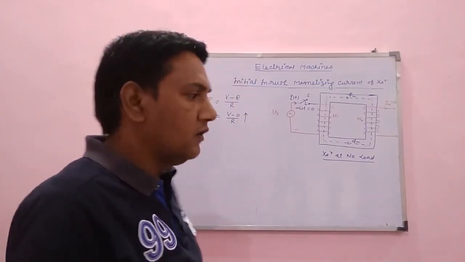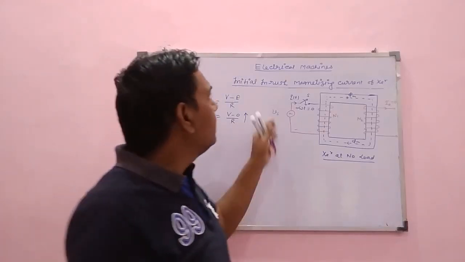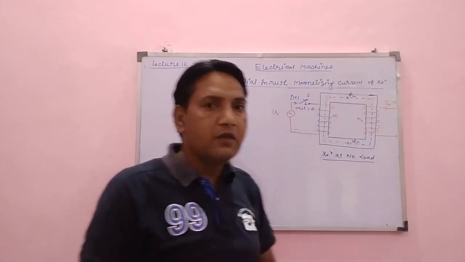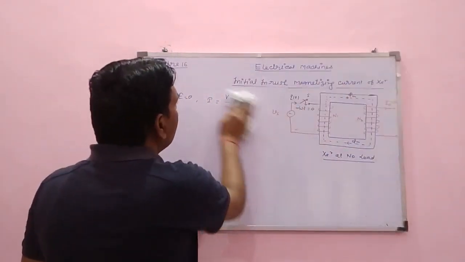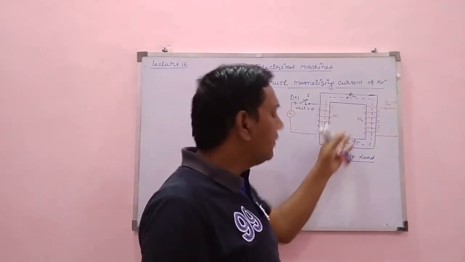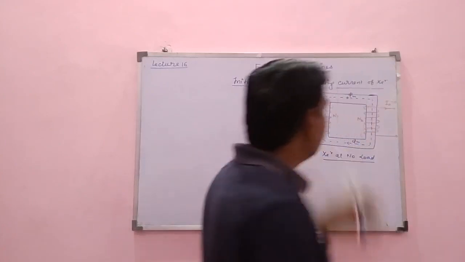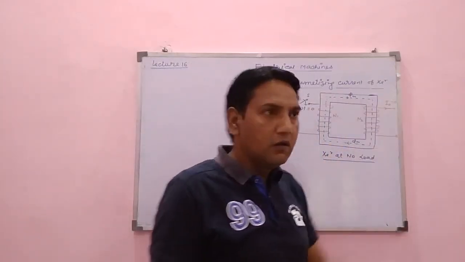So today we will discuss the initial inrush magnetizing current of a transformer, when the transformer is operating under no load condition. You can see in the circuit diagram that the transformer is represented under no load condition.